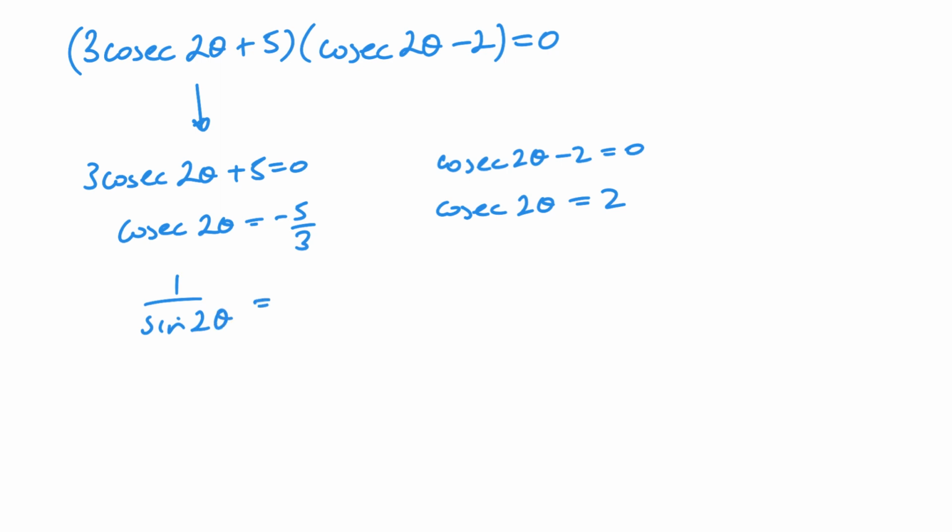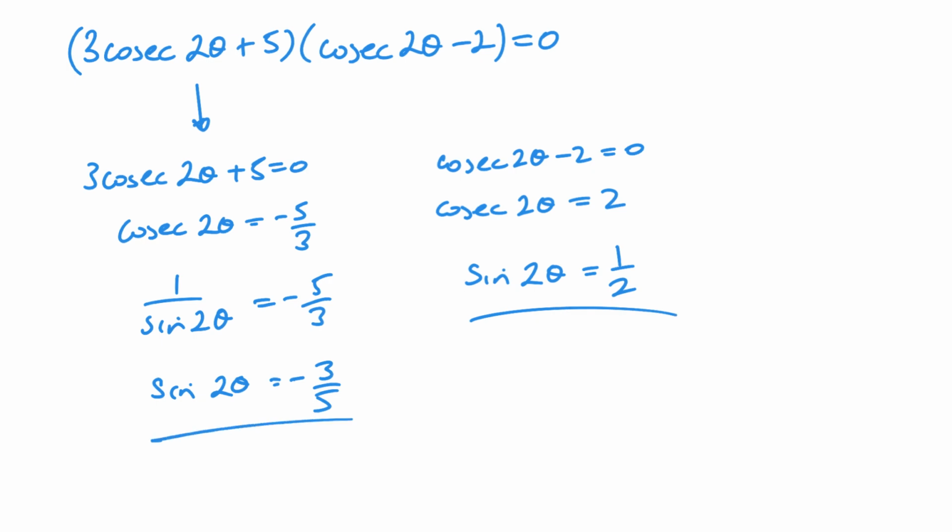I'll do it with this one in full. So that means that sine 2 theta is minus 3 over 5. Well, in this case, sine 2 theta equals 1/2. So this is where I'm at, and theta is between essentially 90 degrees and negative 90 degrees.